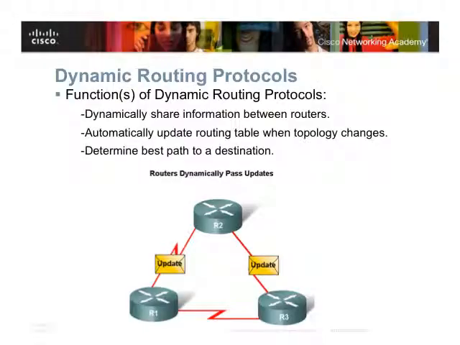So the main functions of the dynamic routing protocols are as follows. First, the dynamic routing protocols are used for sharing information amongst the routers. Depending on the routing protocol that you use, each routing protocol creates some kind of message with a specific format, and they keep exchanging these messages between the routers.